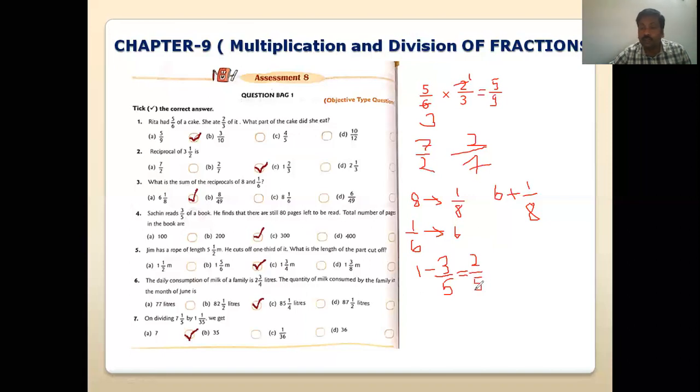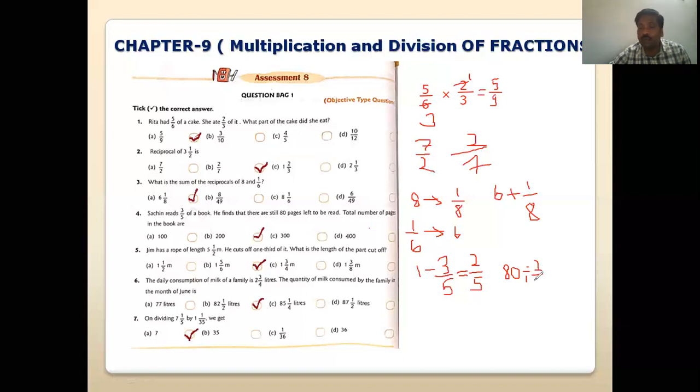2 by 5. And now he finds that there are still 80 pages left to be read. So this 80 pages is the part, the fraction 2 by 5. Now 80 is divided by 2 by 5.